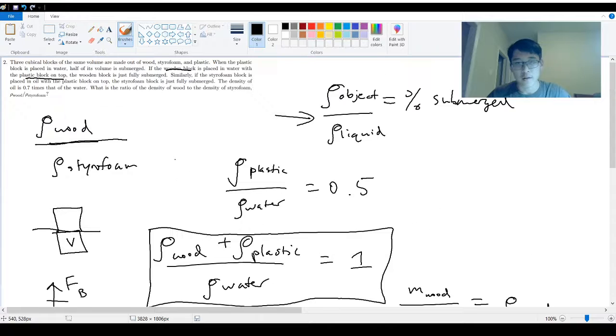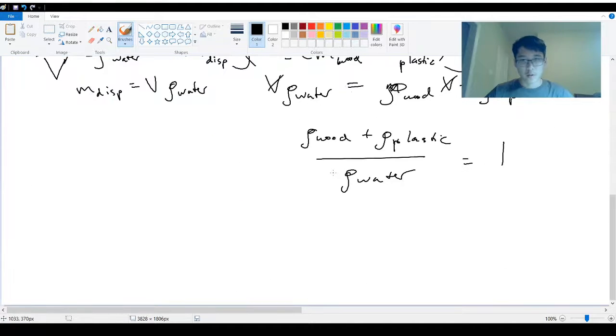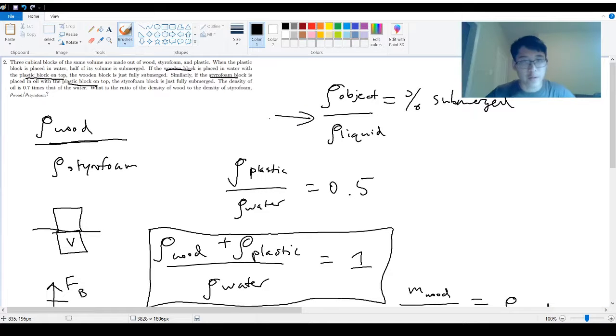Great. All right, and we can actually apply the exact same formulas. You can prove it for yourself. For this case, with the styrofoam block placed in oil and the plastic block on top, the styrofoam block is fully submerged. Okay, so let me write it out.